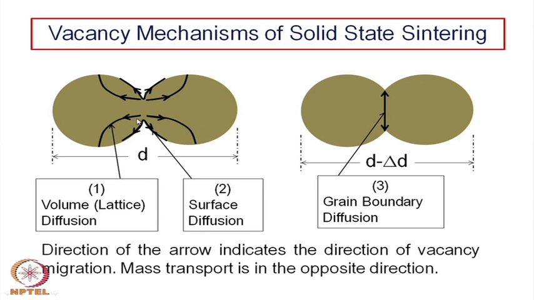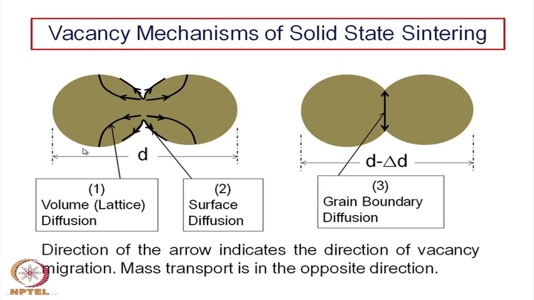That means the vacancies, that is the point defects which are being generated here because of the very strong concave surface, or one can say a very small radius of curvature of the concave surface, a negative curvature, so a large concentration of vacancies is already generated because of this curvature, and that has to go out to equilibrate.